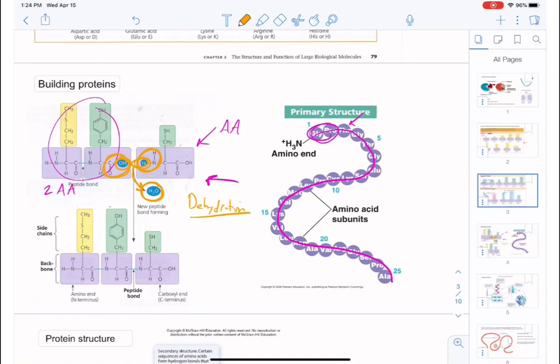And when you do that, we're forming a new bond between this carboxy and this amino group, and this bond is a covalent bond. So it's a nice strong covalent bond. And when we're linking amino acids together, the specific name of that covalent bond is a peptide bond.